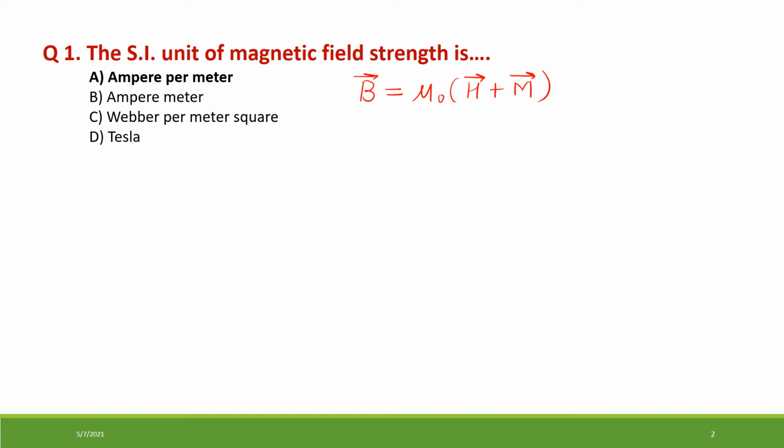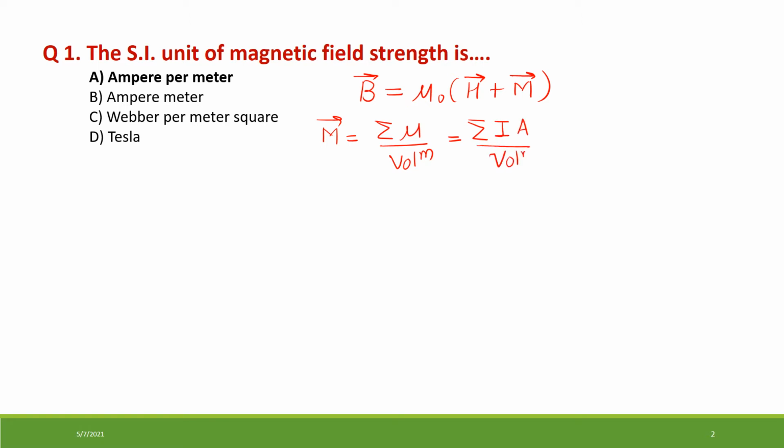So here let us find out the unit of M. We know M bar is equal to total magnetic moment mu divided by volume. Right. So let us find out the unit of this magnetic moment and the volume. Total magnetic moment is the product of current and the area of loop, divided by volume.